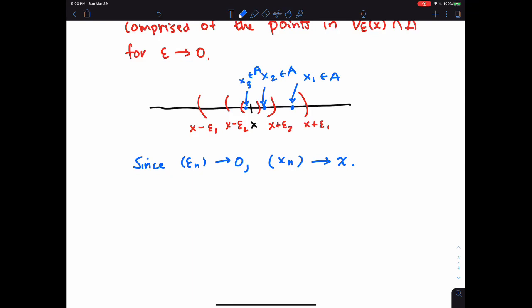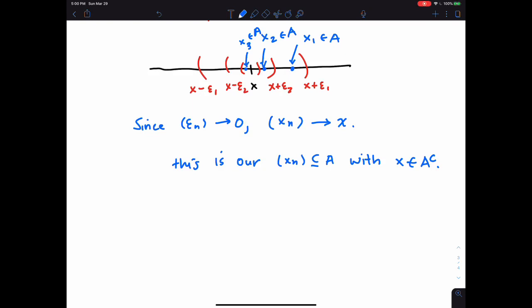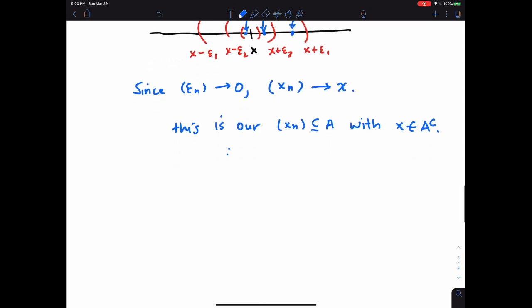And in this way, we have found an x n that is contained in A with x in A complement. And that's going to be how we show that our set is not closed. So therefore, A will not be closed.